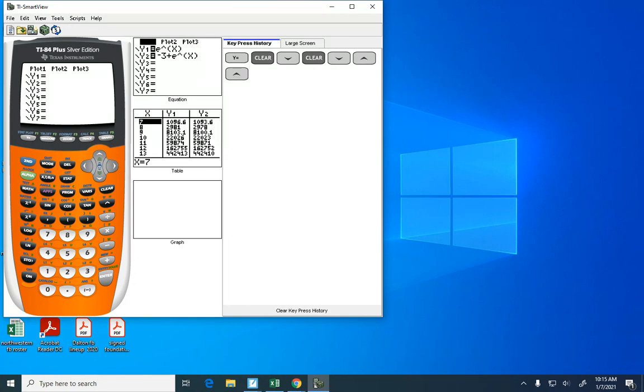So if you clear the equations out, let's type in the exact same function, y equals 4 times the sine of 3 theta. So we have 4 sine of 3 theta, or I'm going to go 3x here.